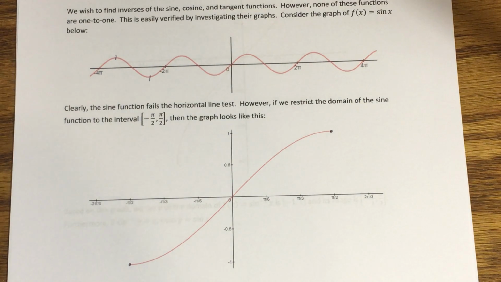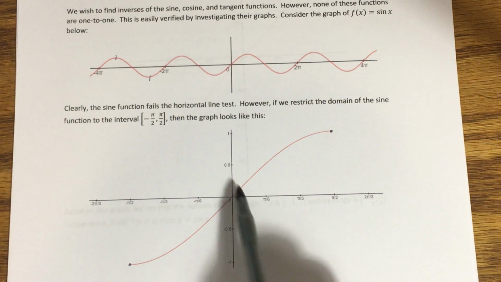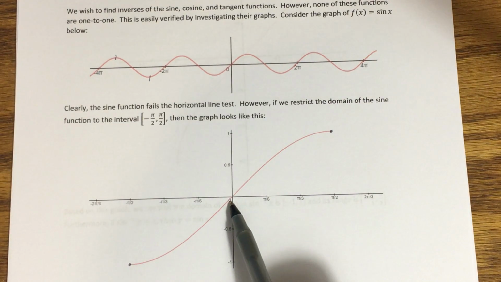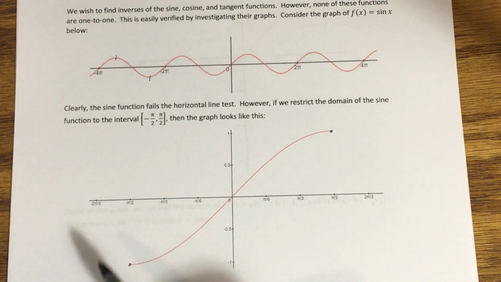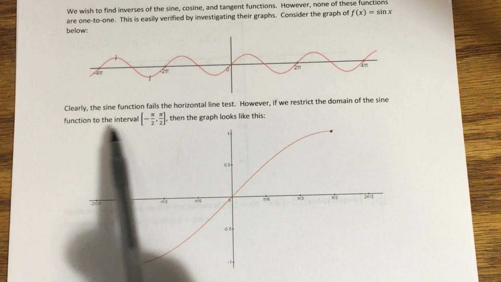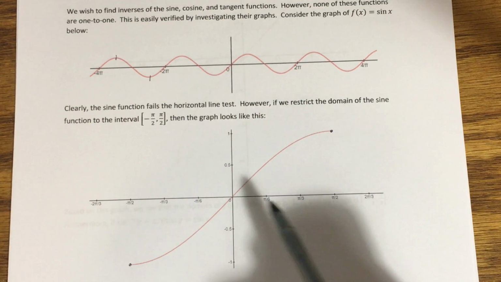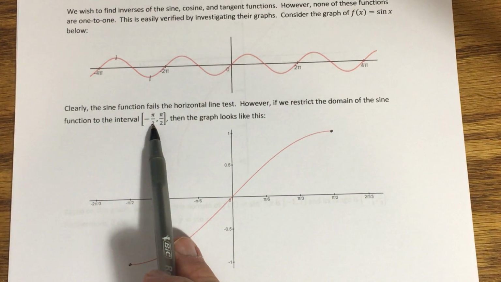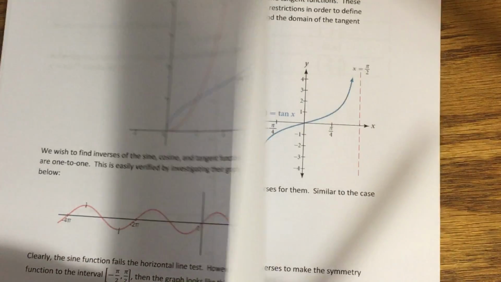Well, the reason is that it's actually preferable to end up with an interval that contains 0, just because 0 is a very convenient number to have around. So that's really all it boils down to, and that's the interval that we're going to be using. So now that I'm restricting my sine function to this interval from negative pi over 2 to pi over 2, giving me a little piece of that graph, what are we going to do with this?